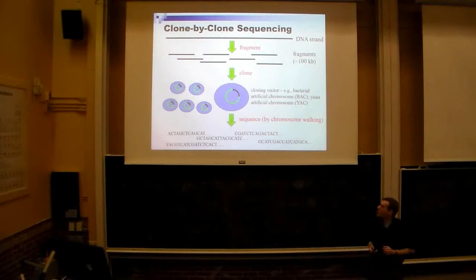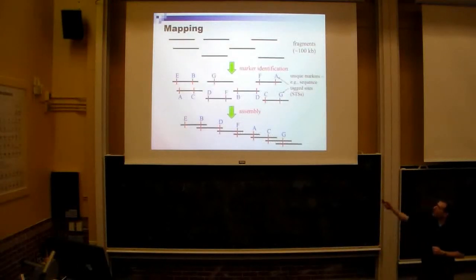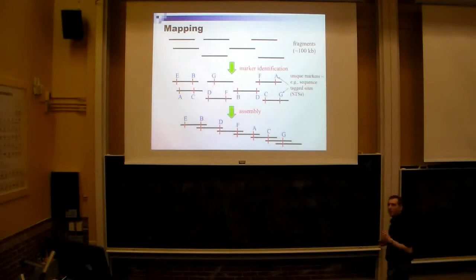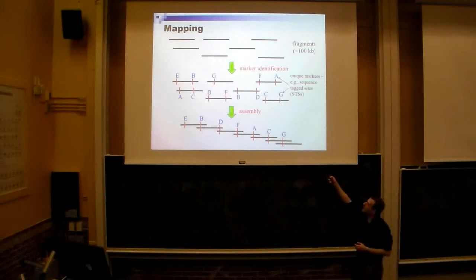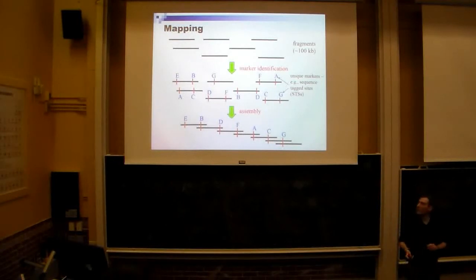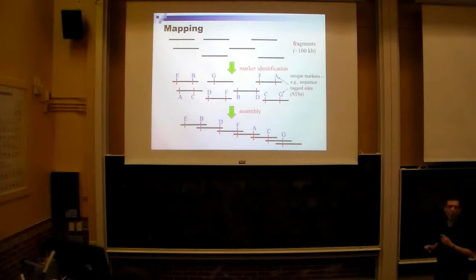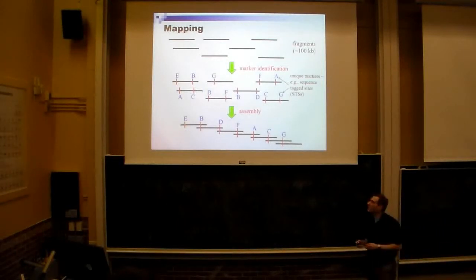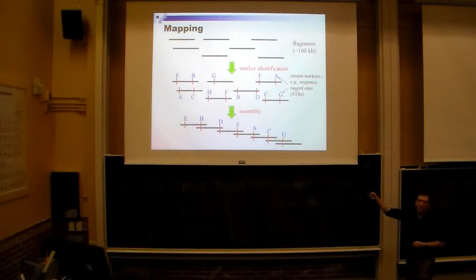There's still more work to do to get the actual genome out of this, and you commonly have to do a version of what's called mapping, which is basically figuring out how to put together these big pieces. There are different technologies for doing this, but more or less the way this works is that you try to find markers, unique pieces of sequence found only at one point in a genome, and then you use these markers to figure out how these large pieces of sequence are put together to produce complete chromosomes.